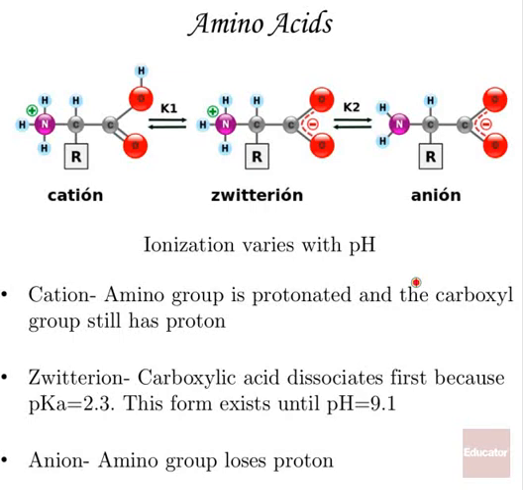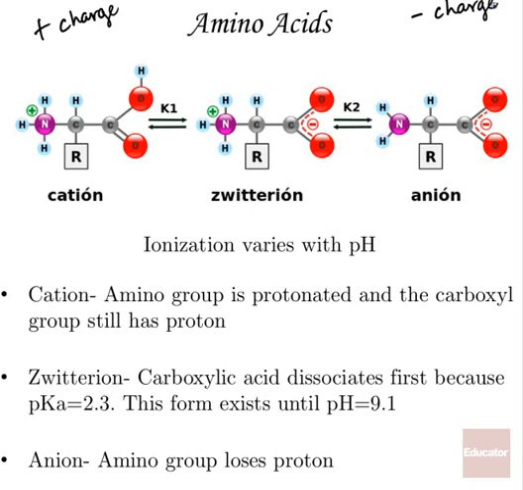When we talk about our amino acids, we need to know that our ionization will vary based on the environment, the pH. So we have our cation. A cation is just another way of saying a positively charged ion. An anion is a negatively charged ion. That's what we normally think of.